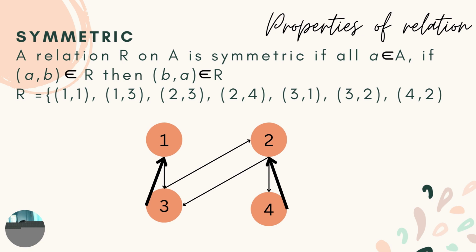Kumbaga talagang exchange of, nagbabalikan lang din. So, again, symmetric. Kapag nilapat nyo sa diagram ay nagbabalikan lang din ang kanilang mga arrow.